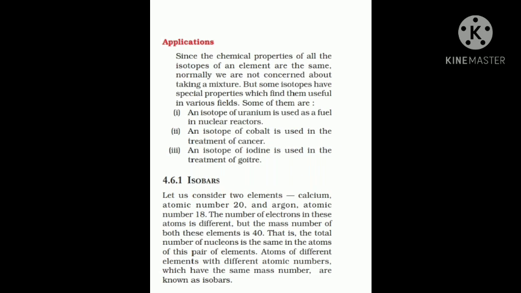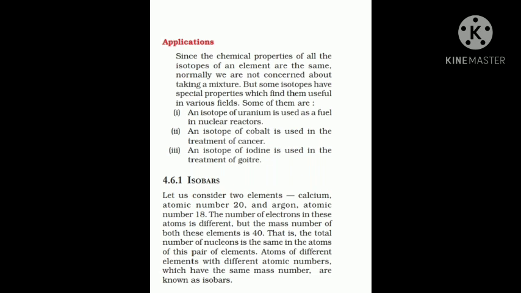It means that if you take a certain amount of chlorine, it will contain both isotopes of chlorine and the average mass is 35.5 U. Let us learn the applications of isotopes. Since the chemical properties of all the isotopes of an element are the same, normally we are not concerned about taking a mixture.